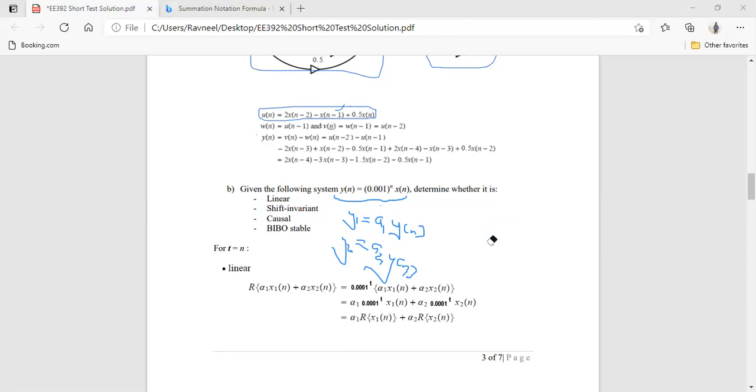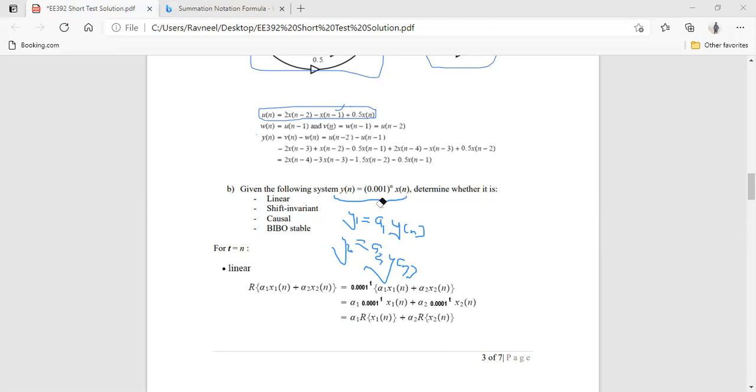Now, if y1 plus y2 are additive, that means your inputs x1 and x2 could also be additive. You can add those. So y1 is equal to a1 multiplied by this term, and y2 is equal to a2 multiplied by this particular term, that is 0.001 to the power of n times x of n.